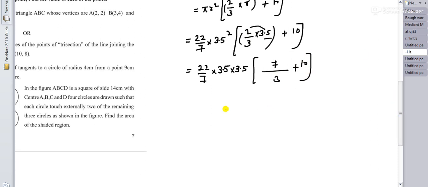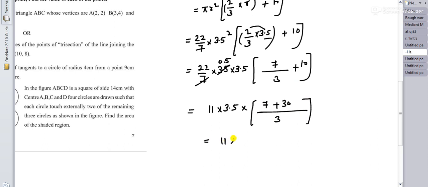Okay, so now see, this will get 7 5s. Since a decimal is there, this will become 0.5. So 22 into 0.5 means half of 22 is 11, into 3.5 into, here if you take LCM, this will be 3, and here 7 plus 10 3s are 30, correct?